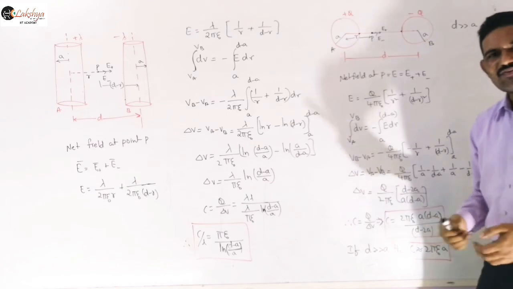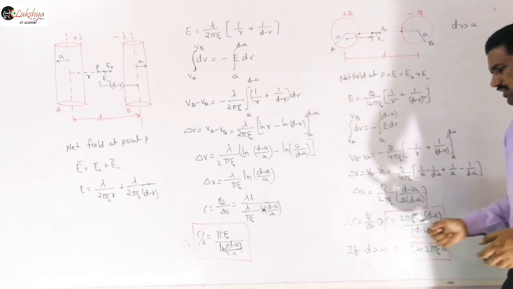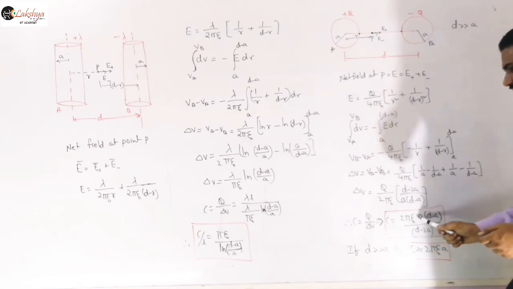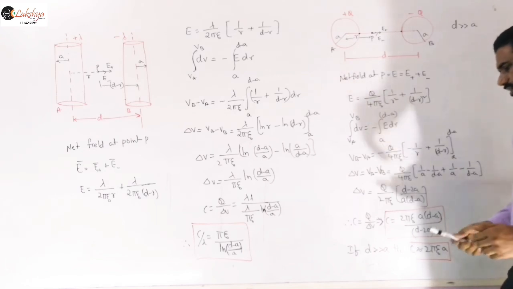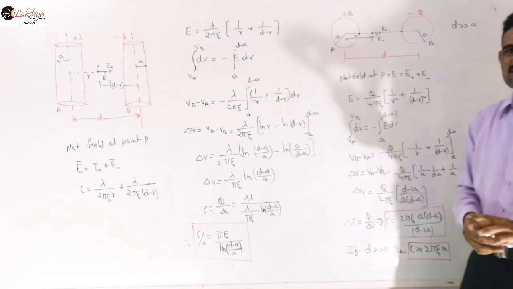Now we use our capacitance expression. Capacitance is Q by delta V, and therefore C is equal to 2 pi epsilon naught a (d minus a) by (d minus 2a). This is the capacitance of the system if d is the separation between them.